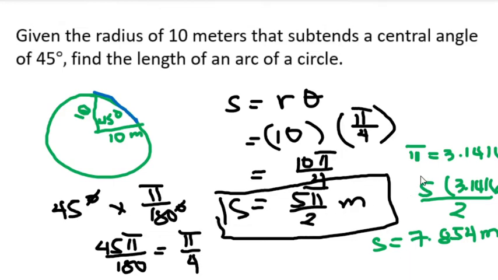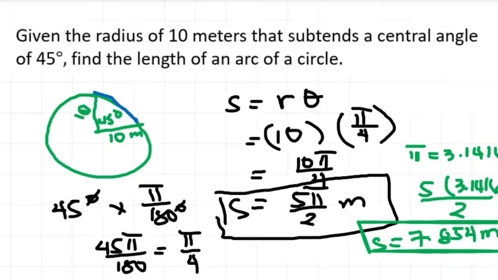Pero naman pag hindi naman, sabi leave our answer in terms of pi, so magiging sagot na lang natin is 5 pi over 2 meters. Pero pag binigay yung value ni pi na kung saan we're going to substitute pi as 3.1416, ito po magiging sagot natin. 7.854 meters.